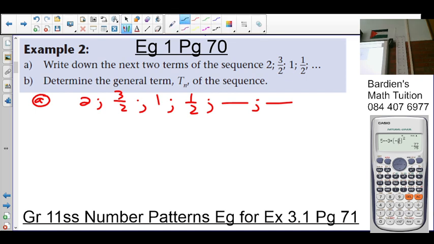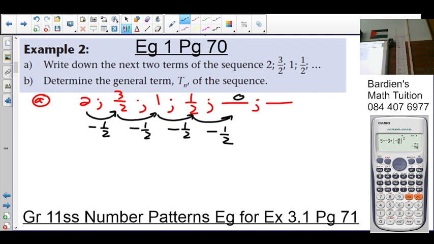So how do I move from one term to the next? Subtracting half. So your half minus half? 0. Minus half? Okay. Is there any confusion there?